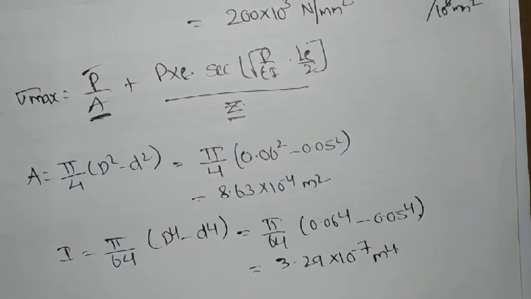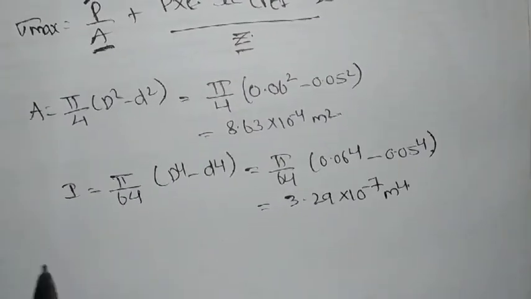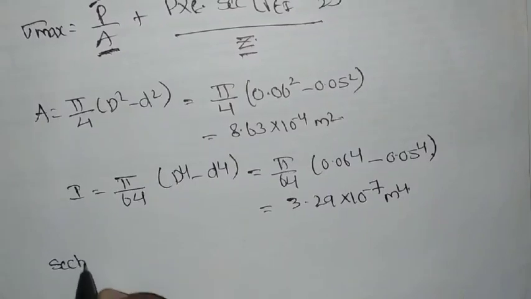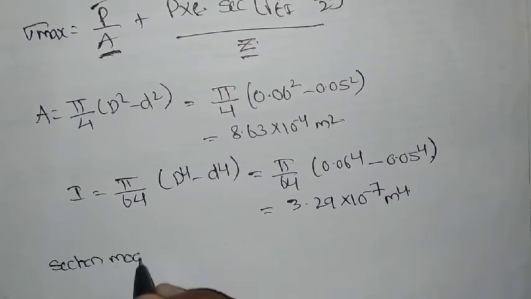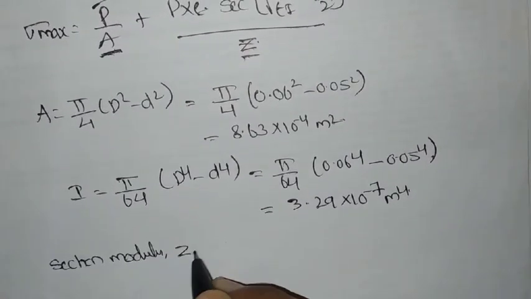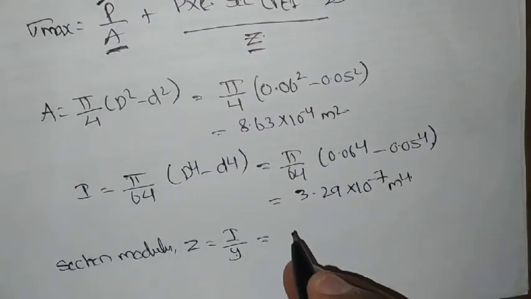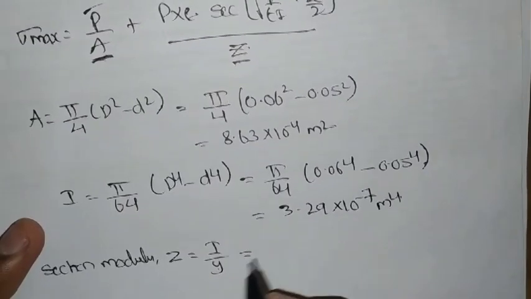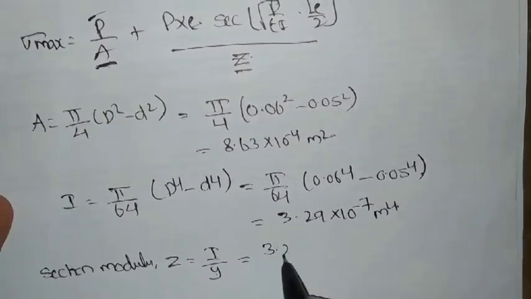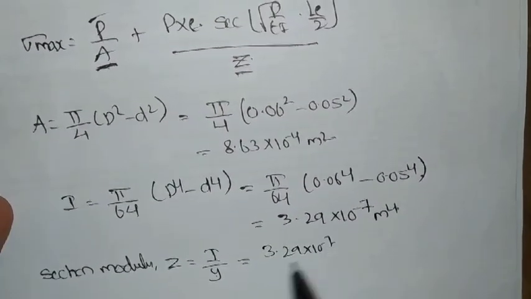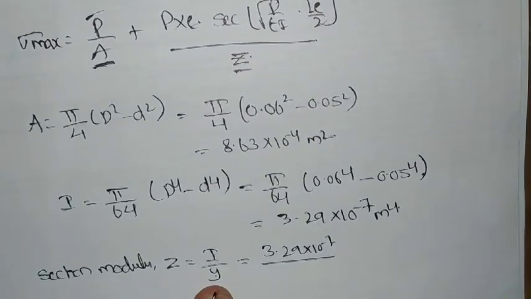Next, we have to find out the section modulus Z. Z is equal to I by Y. Here we know the value of I is 3.29 into 10 to the power of minus 7. How can we find the Y value?